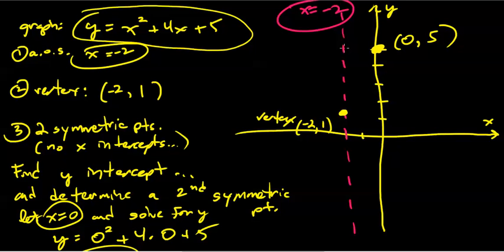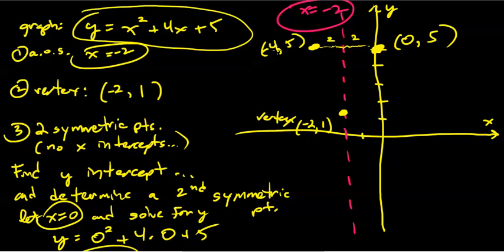Now you'll notice there are 2 units of distance between the y-intercept and the axis of symmetry. That means if I count over 2 more units to the left, I should have another point on this parabola. Now the y-coordinate is going to be the same because we're at the same y level. This x-coordinate is going to be -4, 2 units left of the axis of symmetry.